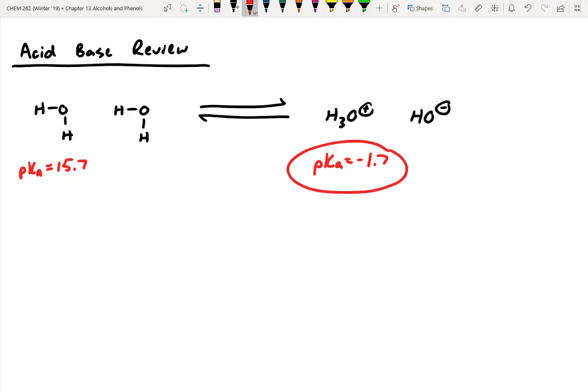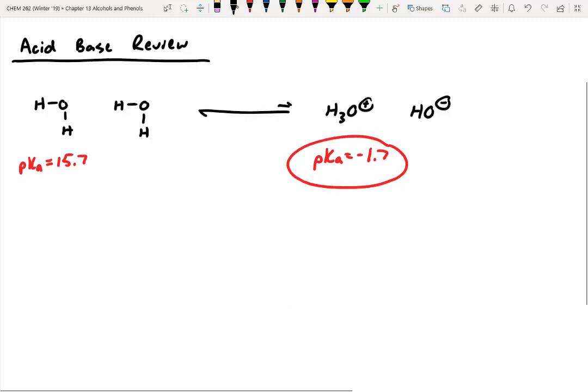That means that the hydronium ion is definitely the stronger acid. It's 15 orders of magnitude more acidic than water itself, which means the equilibrium is really going to favor the left-hand side. So in fact, let's show this using representative arrows. So water is the most classic alcohol. We'll be seeing it used a lot.